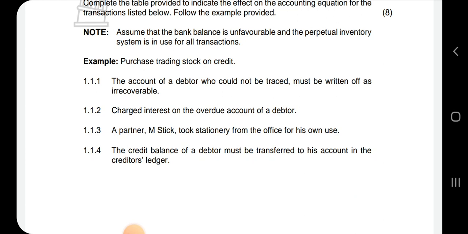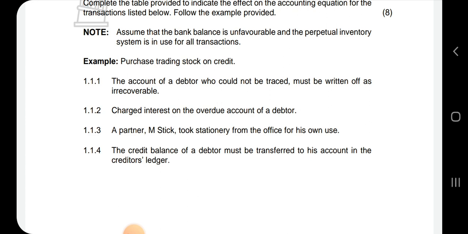1.1.3. A partner, M. Stick, took stationery from the office for his own use. That is drawings. Drawings is an expense, and drawings also decrease owner's equity, right? It decreases the owner's capital, where we write in the capital account. So what you have to know is that expense will increase by the drawings that were taken.